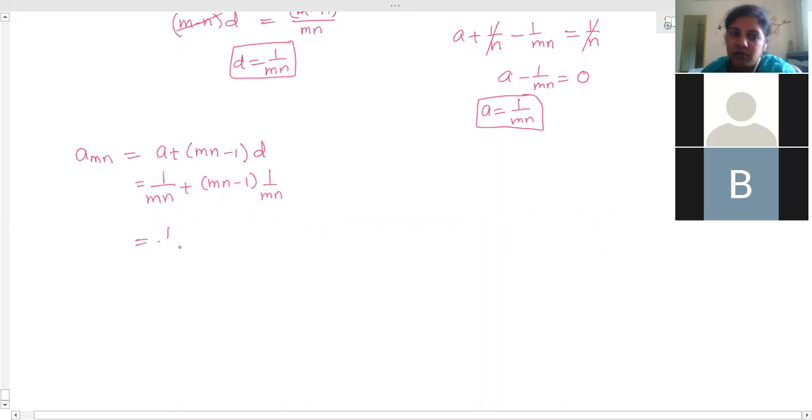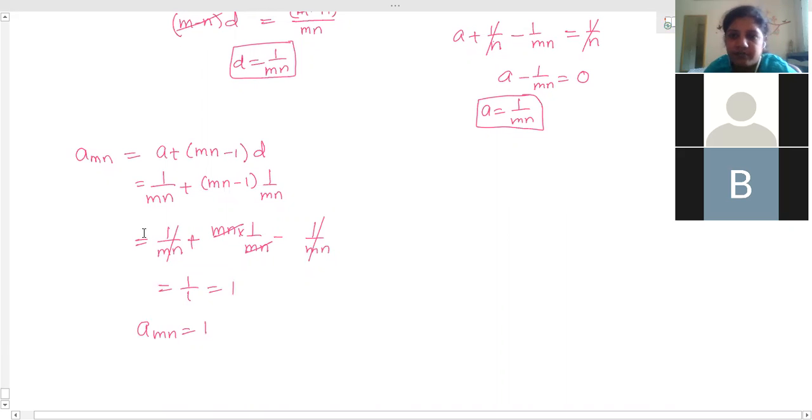Simplify. 1 by mn plus mn into 1 by mn minus 1 by mn. So this and this get cancelled. 1 by mn minus 1 by mn, that also gets cancelled. That means plus 1 by 1, that is 1. So mnth term is 1 always.